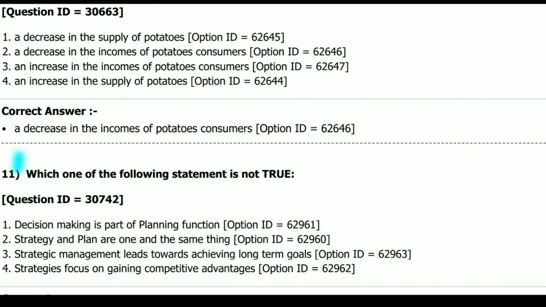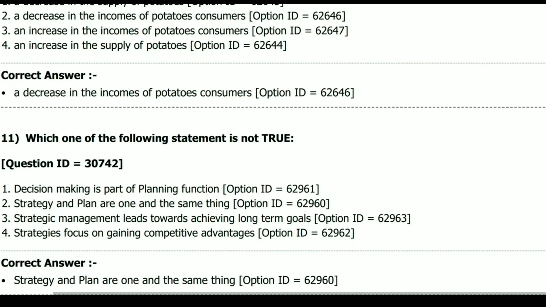Next, which one of the following statements is not true? Options: decision making is part of the planning function. Strategy and a plan are one and the same thing. Strategic management leads towards achieving long-term goals. Strategies focus on gaining competitive advantages. And the answer is strategy and a plan are one and the same thing.